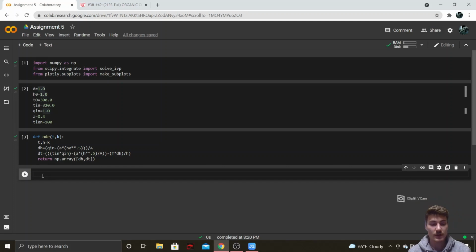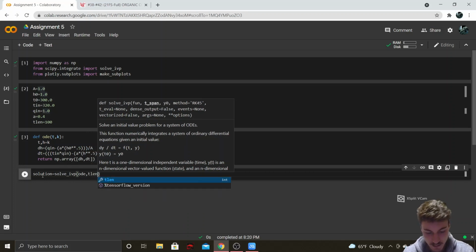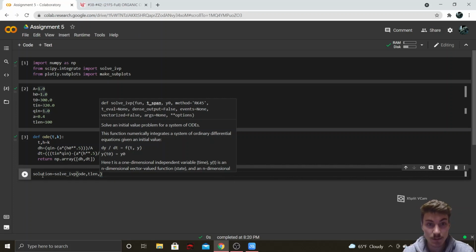So our solution is going to be equal to solve_ivp, and then we want to pass in our function and then our t-span. So we want to do it from our length of time, t1, and then our initial conditions.